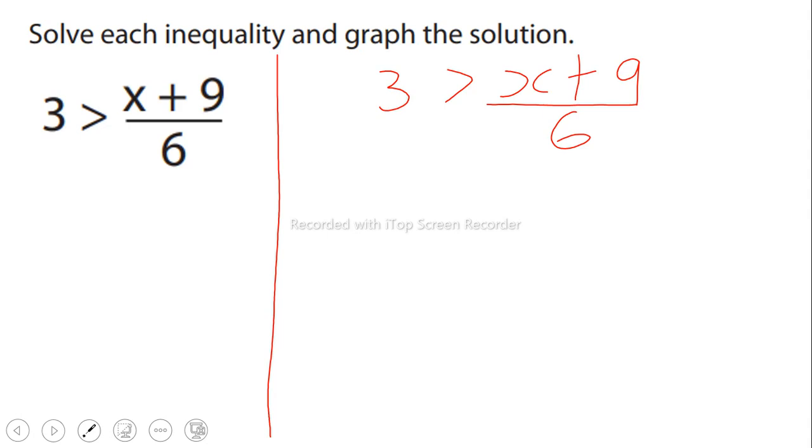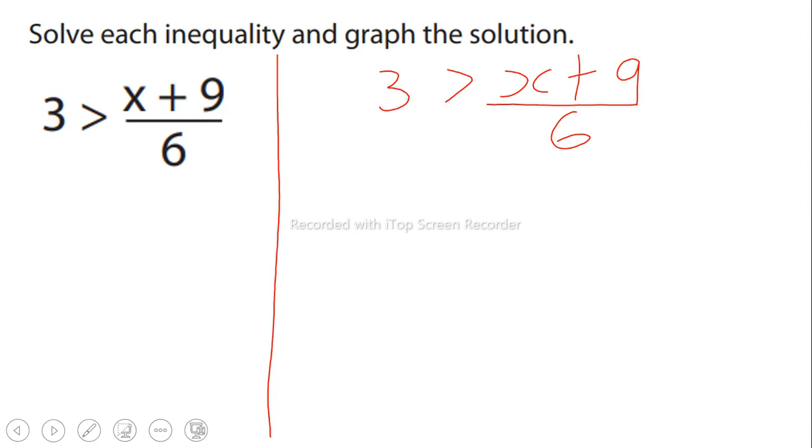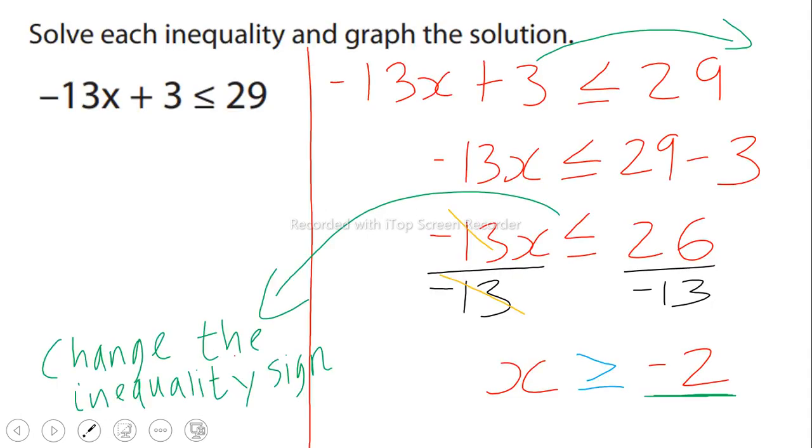In order to make x the subject, we really want to get rid of the 6. It's a denominator. We want it to be like this, no denominator, everything nice and smooth.